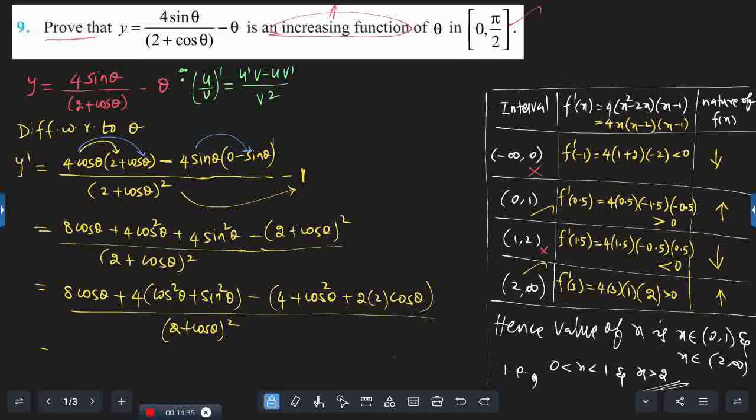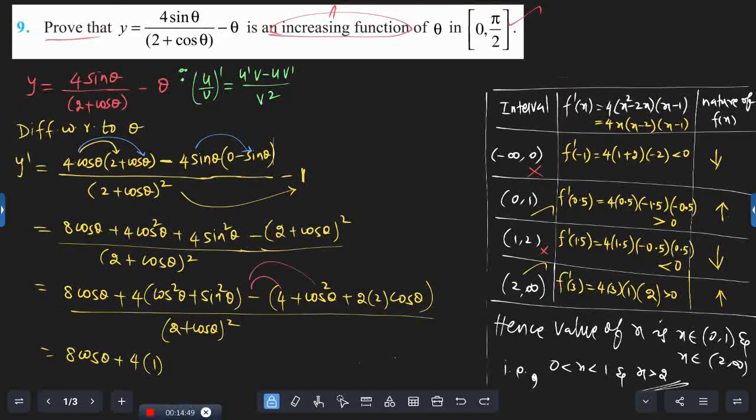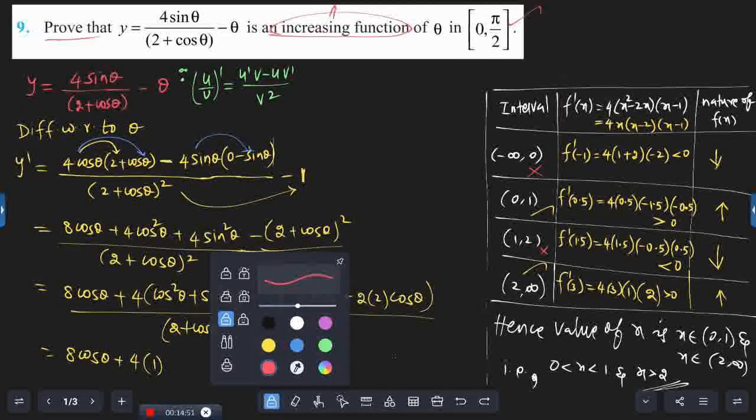Understand? Now 8 cos theta into 4 into sin square plus cos square, what is that? 1. Very good. Now this minus when you take inside, what you will be getting? The minus into 4, minus into cos square, minus into this, like that you want to multiply.